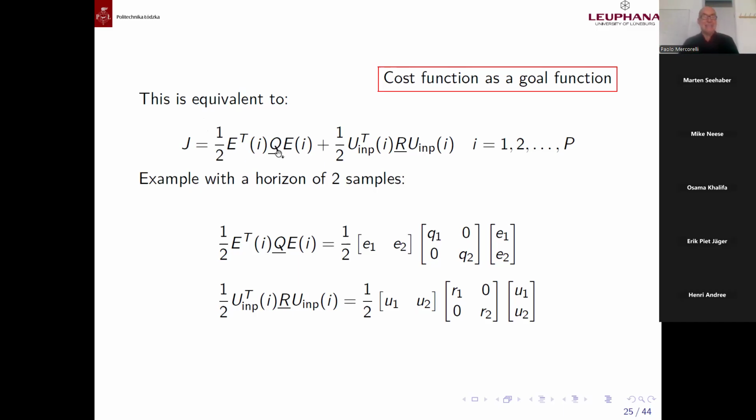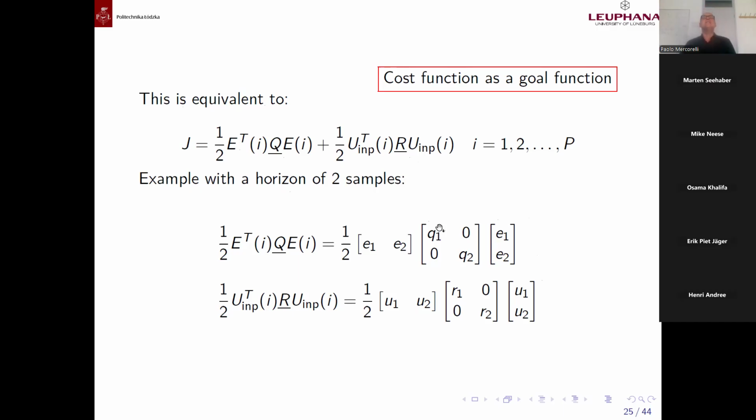If Q is the identity matrix. In the same way, if R is the identity matrix, I have here the sum of the input square, which I have to calculate, starting from the actual value until P minus 1, the future. P is the length of the horizon. Predictive horizon equals the controlled horizon.